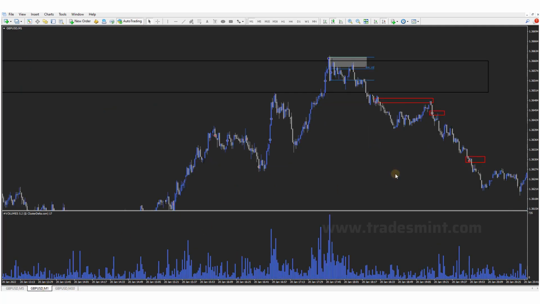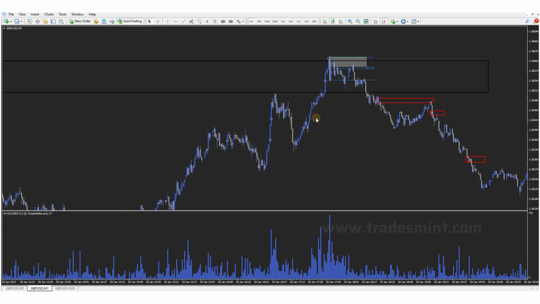And yeah, I have here already some markups, but I want to explain what the absorption is. We see absorption on the footprint chart as a big disproportion of the volume on top or bottom of the candle.